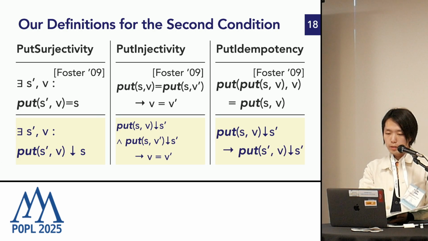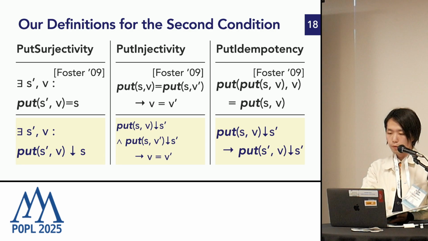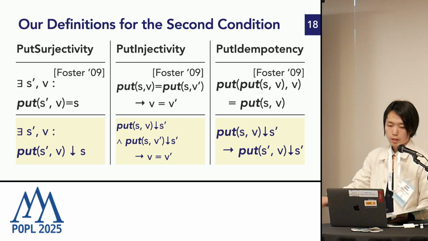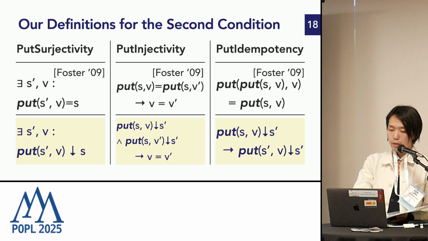Put surjectivity states that any source S can be successfully obtained by the put of some pair of a source and a view. And put injectivity requires, for any source S, that when S is successfully updated by some views and the updated results are the same, these views must be the same.